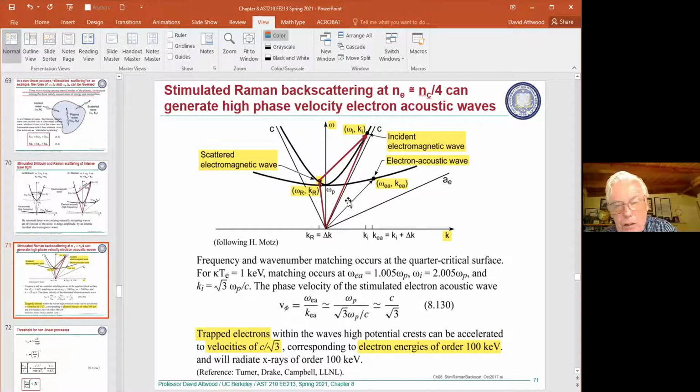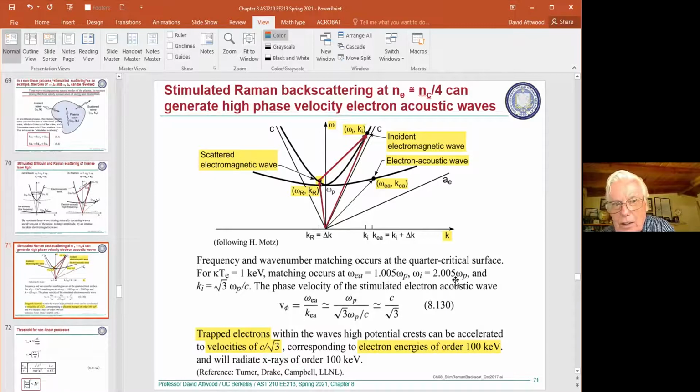And I solved where conservation of energy and momentum work. How would it work? And so it turns out that the incident frequency has to be a little bit more than twice the plasma frequency. The electron acoustic wave frequency, well, that's also just about equal to omega p, and that's because this curve is so flat. You can almost do that as a given.